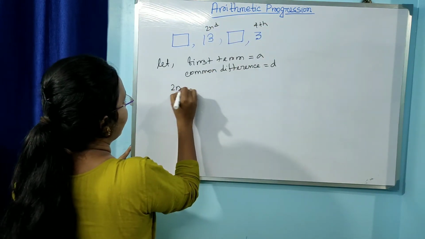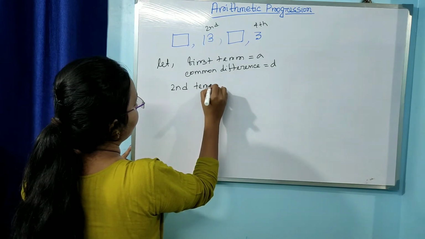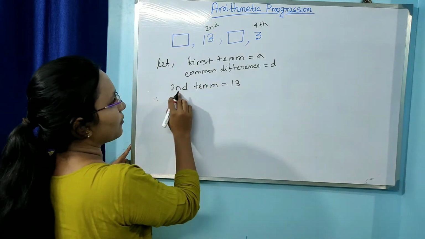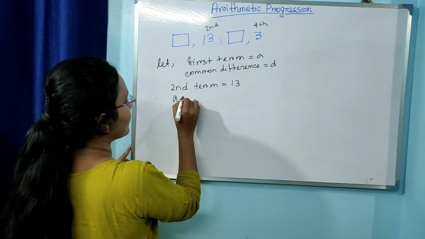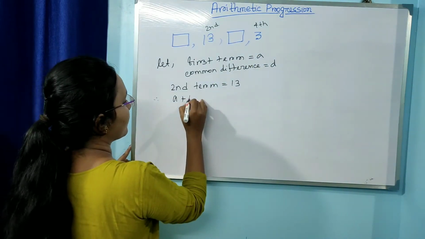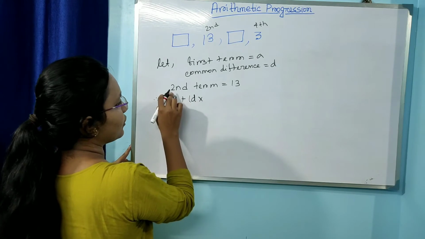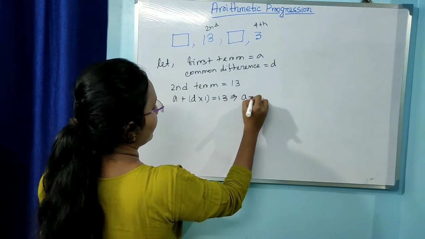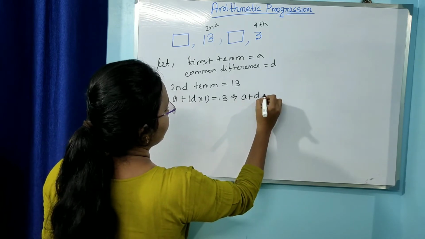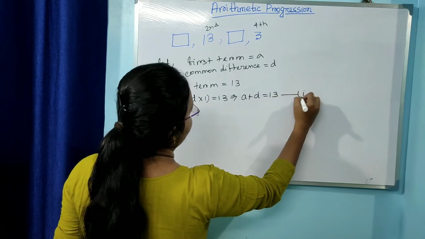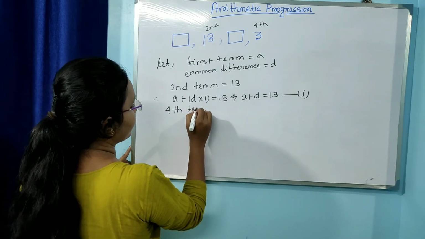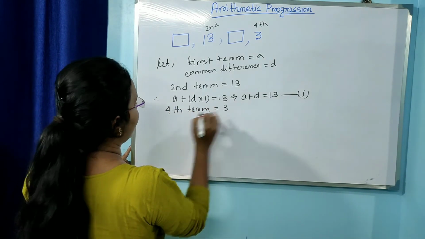The second term equals 13. So what will be the second term? A plus D into 1, so one equation is A plus D equals 13. This is equation number 1, and the other is the fourth term equals 3.